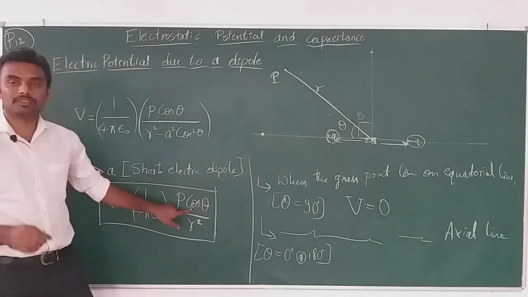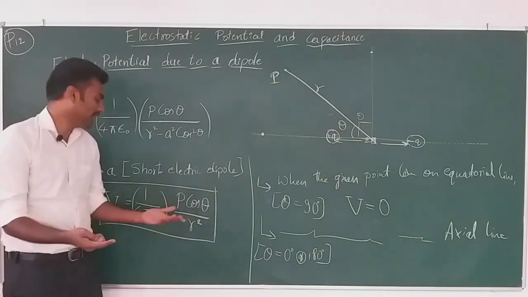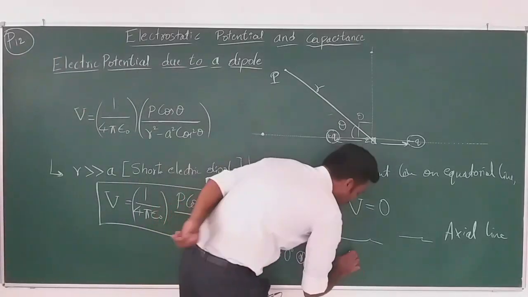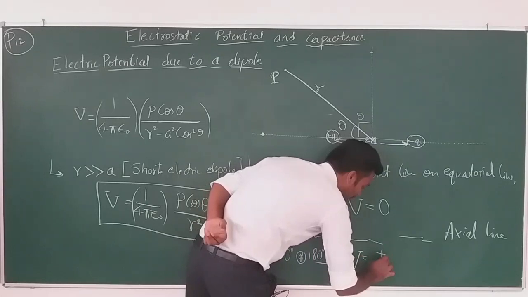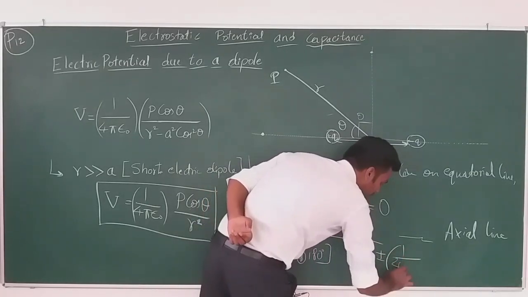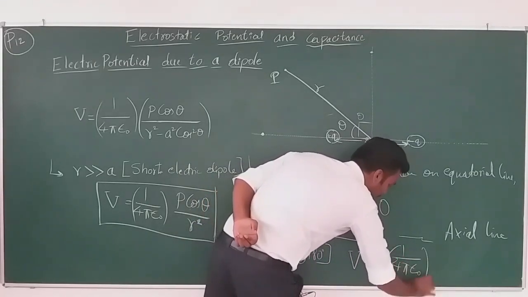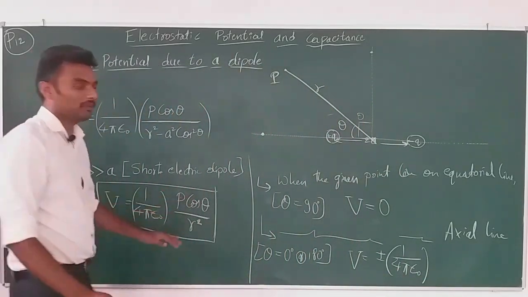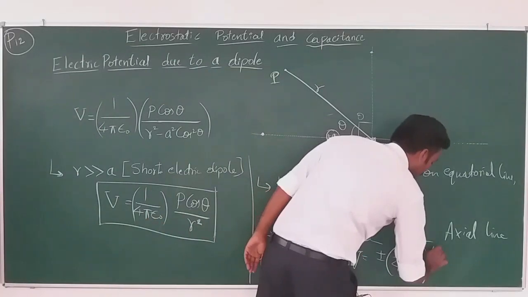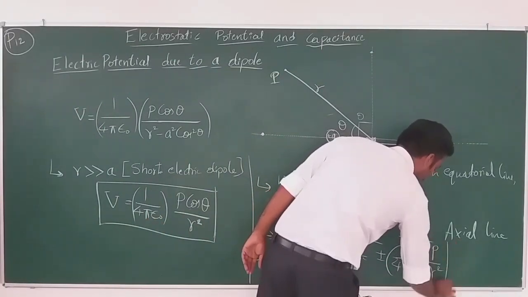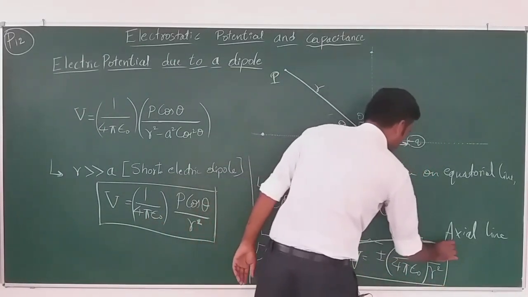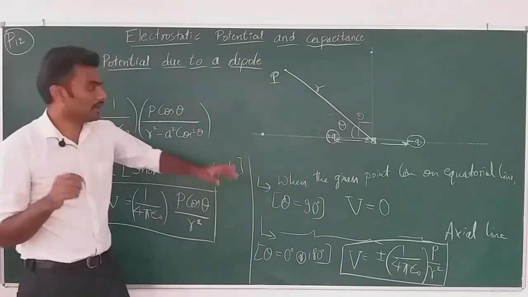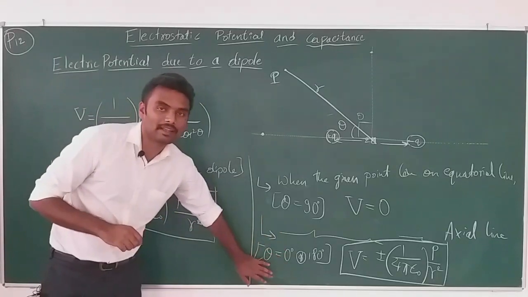Here cos 0 is 1, cos 180 is minus 1. So the possible values of V are plus or minus 1 by 4 pi epsilon naught, and what is left here is simply P by r squared. So this is the expression for electrostatic potential due to a dipole on the axial line.